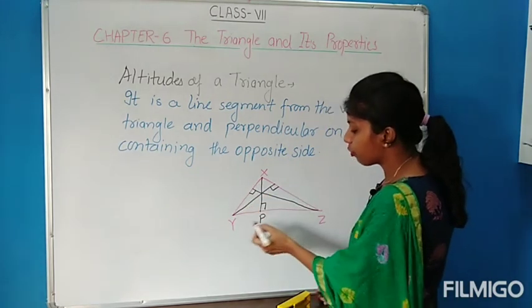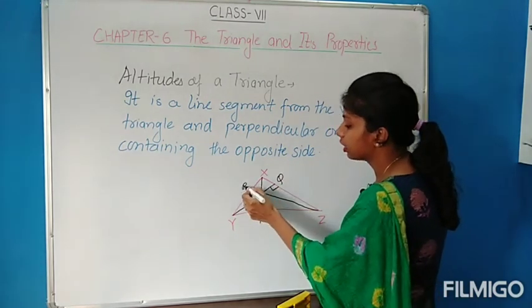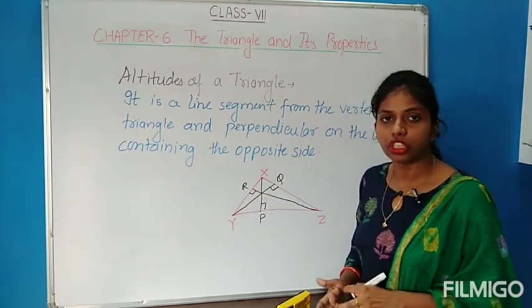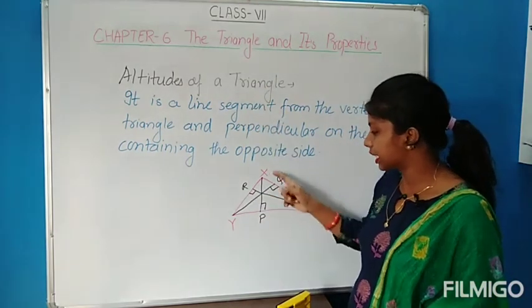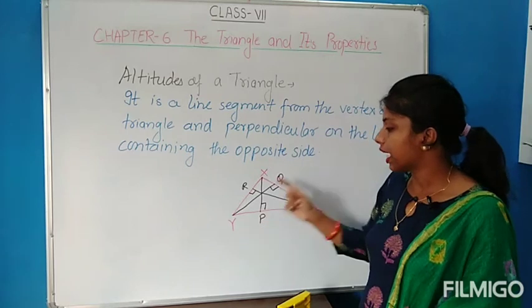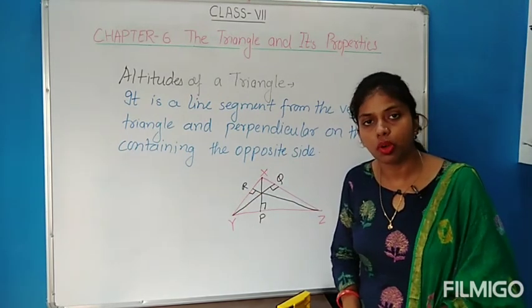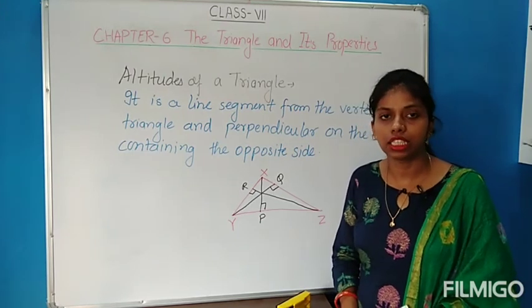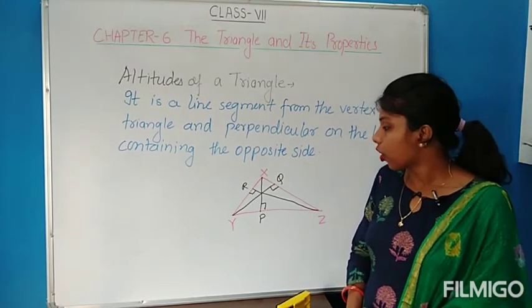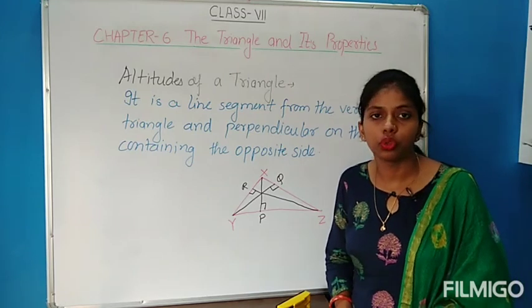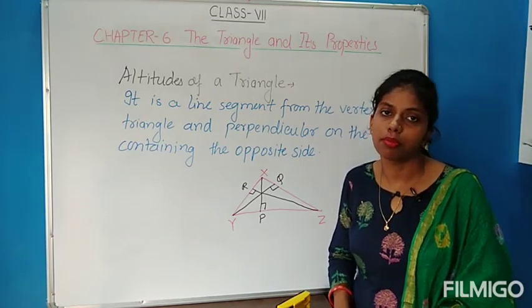So what we can see is that there are three altitudes of the triangle, that is XP, YQ and ZR. So the number of altitudes for any triangle is 3. And we can also call this altitude the height of the triangle from the vertex.